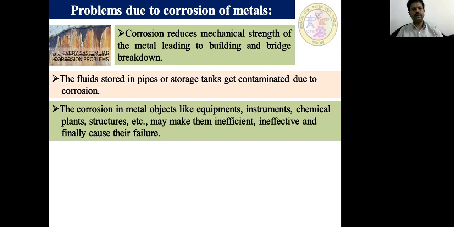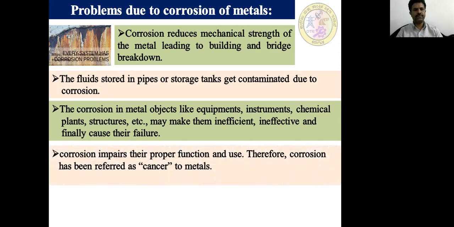If we consider an instrument or any equipment, if any one part of the equipment or instrument gets corroded, then the result is the entire instrument may stop working. So that is a big loss. So it is again a problem due to corrosion of metals.